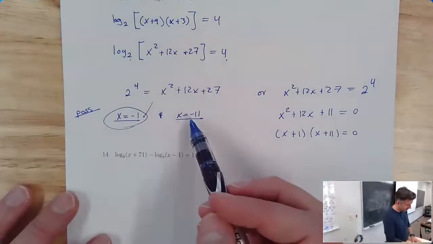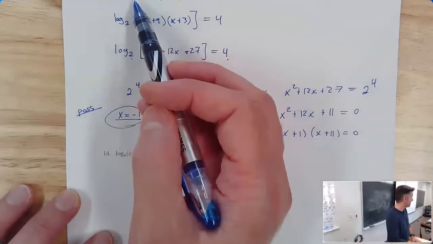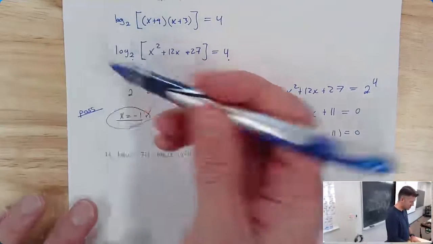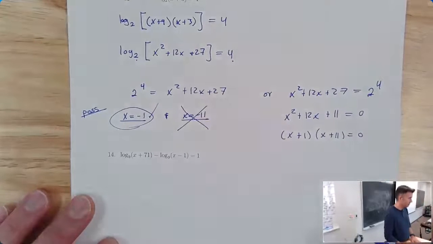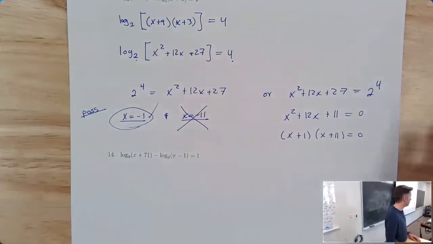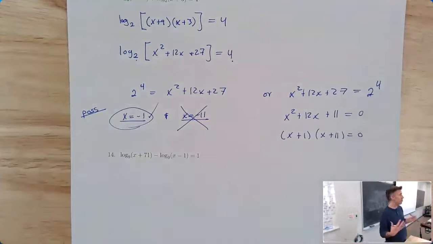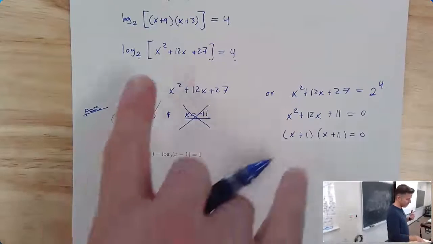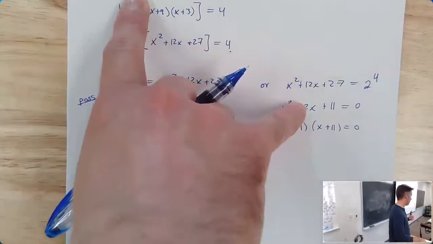On the other hand, if you take negative 11, negative 11 plus 9 is negative 2, doesn't work. We can't take a log of negative 2. So that's no good. So our only answer is actually negative 1. I will remind you, you can totally get negative answers like we do right here. You just can't get negative things inside the logarithm.